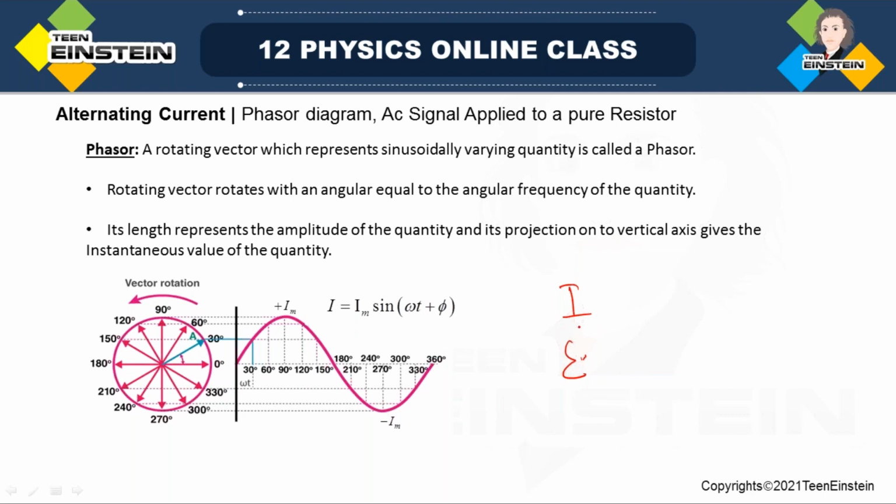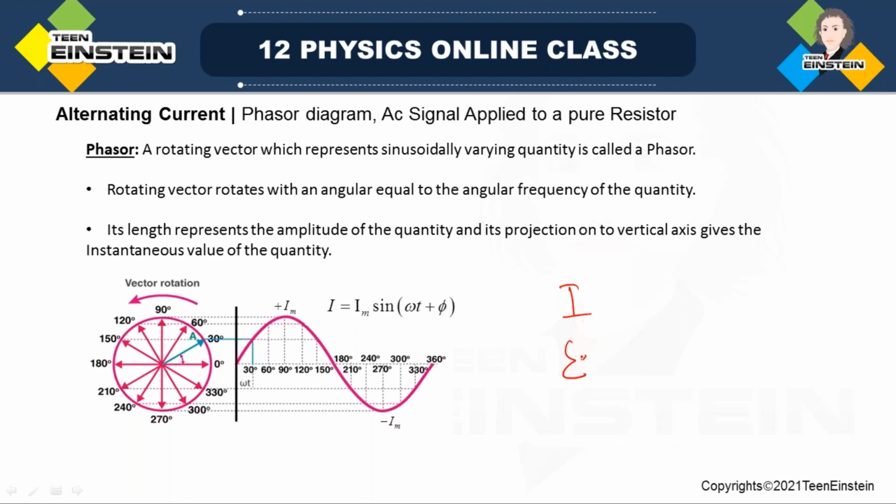By just seeing the phasor diagram itself, we can get a clear idea about their values and the relation between them in terms of phase, which one is lagging, which one is leading, etc.